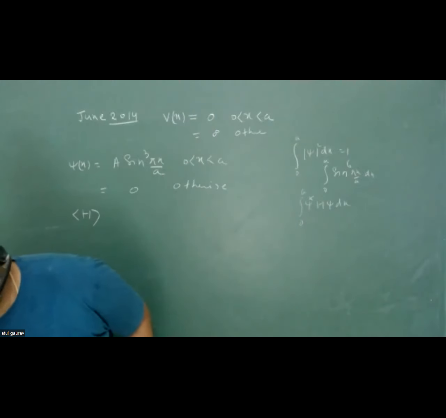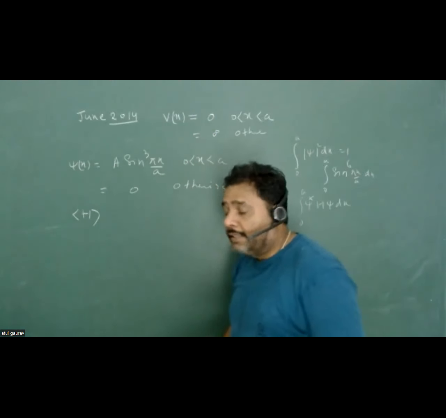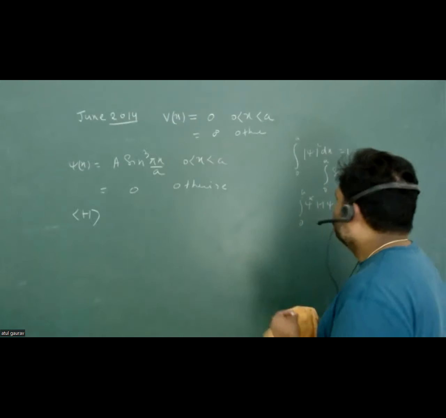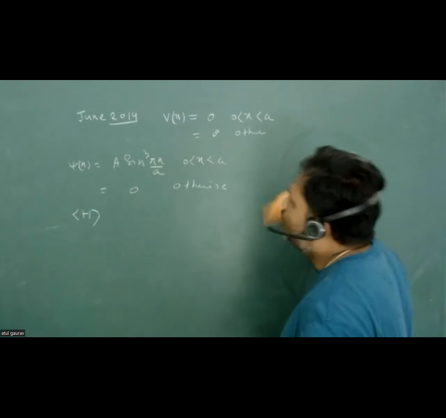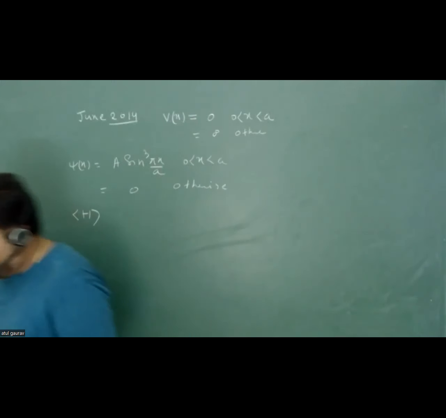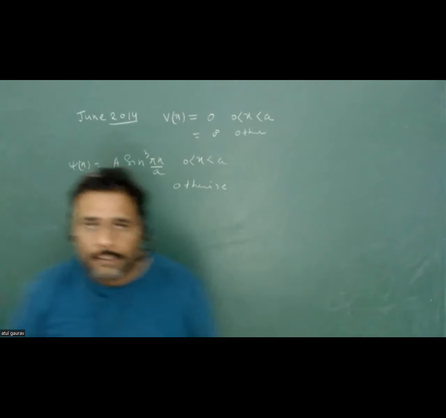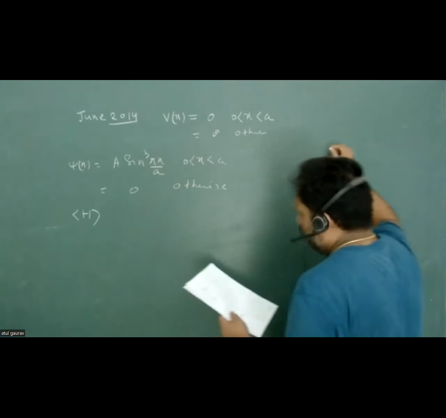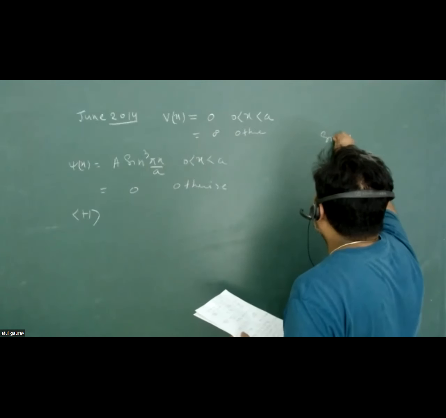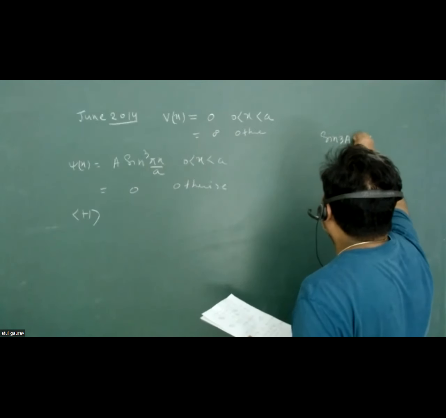Whenever this type of calculation comes, think whether there is another method for this problem or not. So yes, there is another method. We know the sine cube formula, isn't it? So whenever this type of problem comes, what you have to do is write it this way.